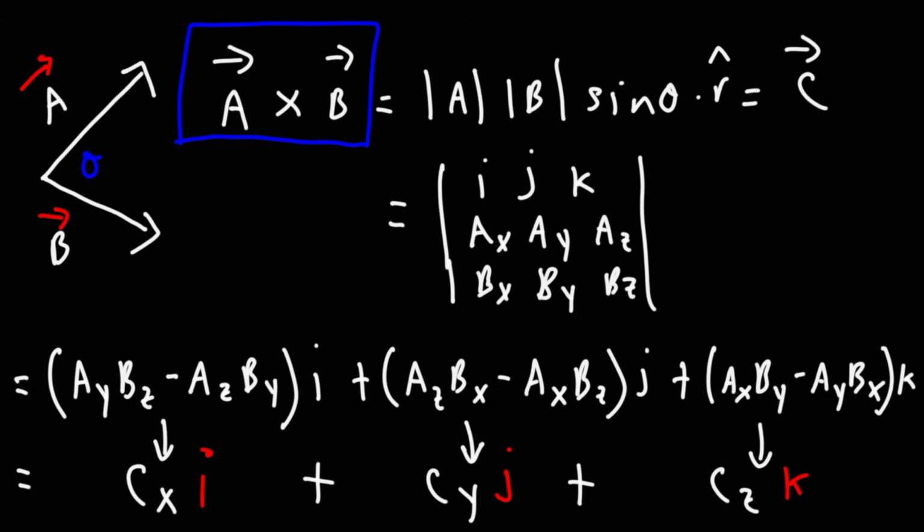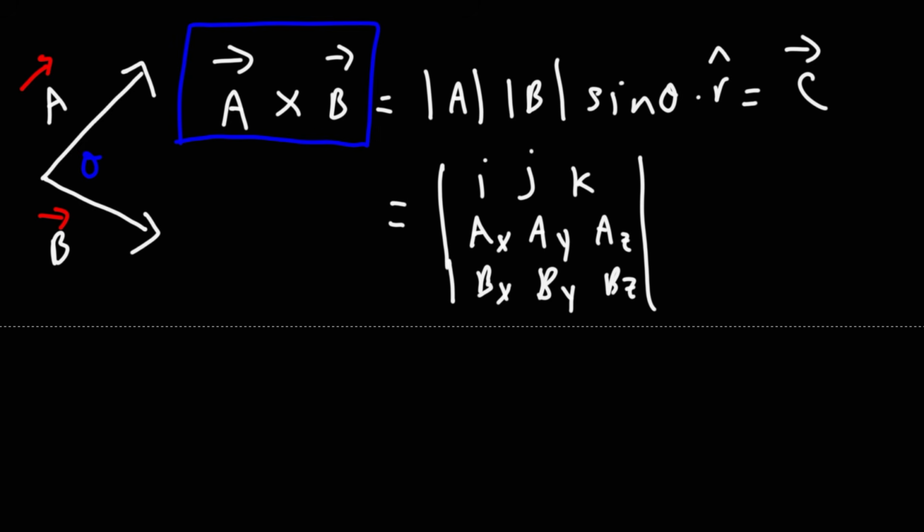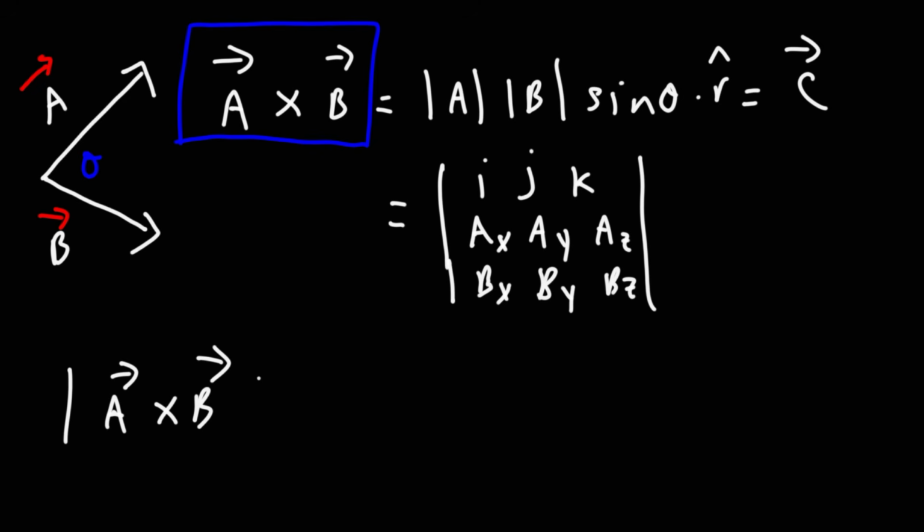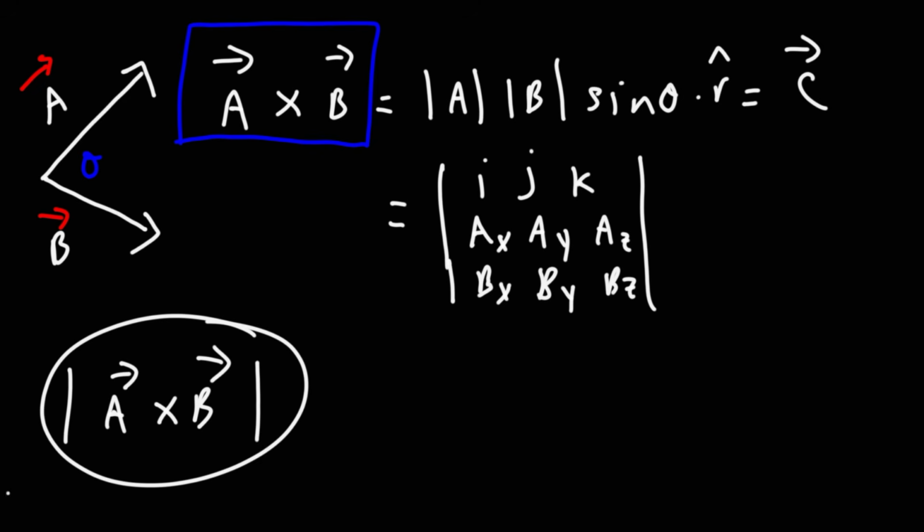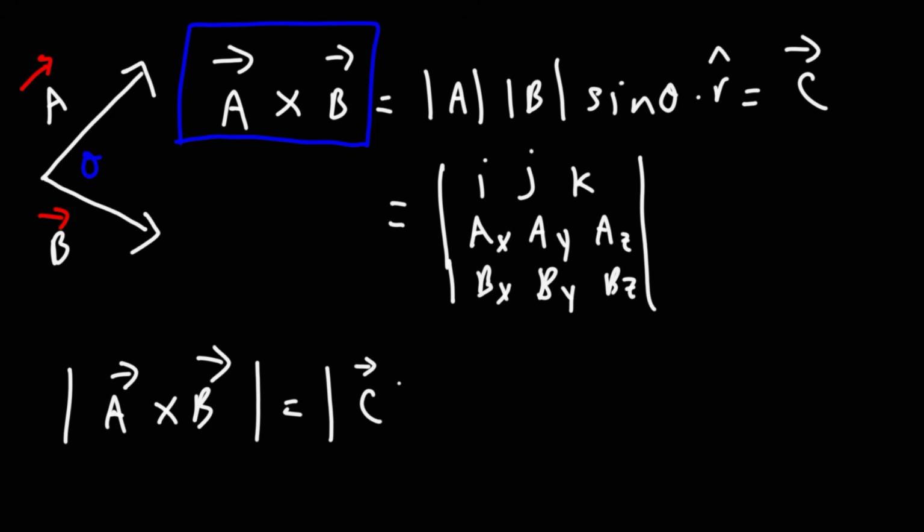Now, I could have written that formula this way. If I put A cross B, but inside of the absolute value symbol, then this tells me this is just the magnitude of the new vector C, which I can write as the magnitude of A times B times sine theta without the unit vector.